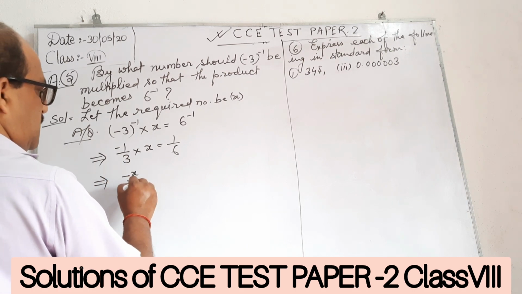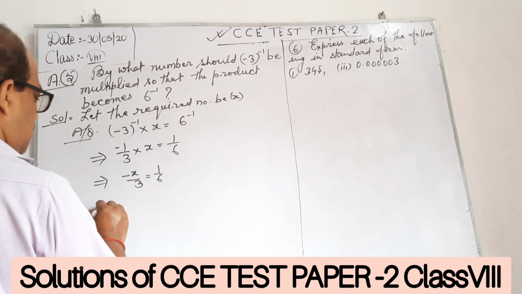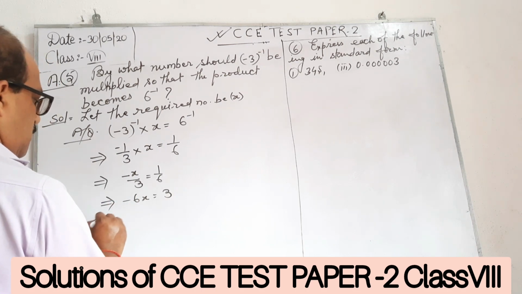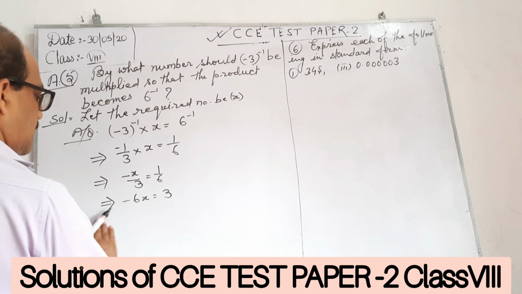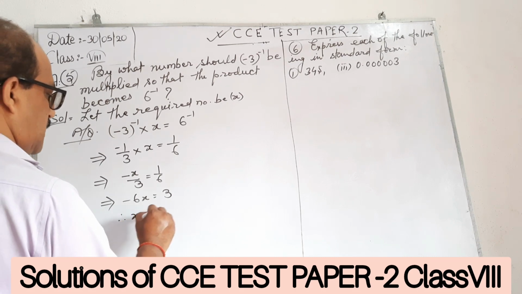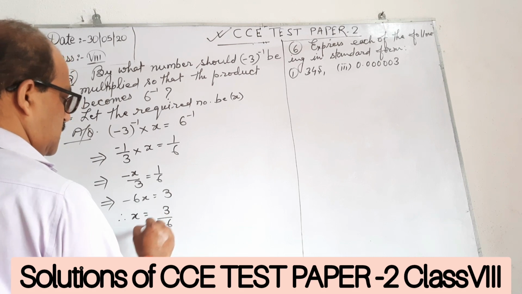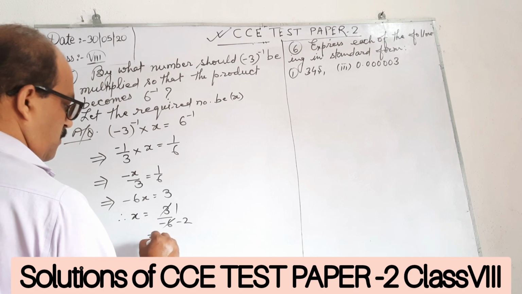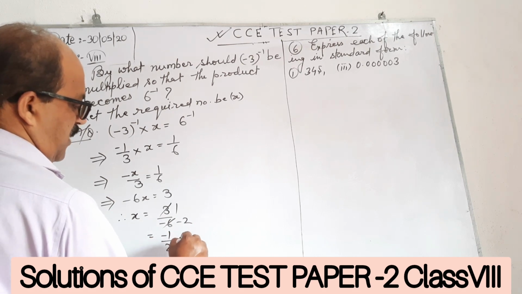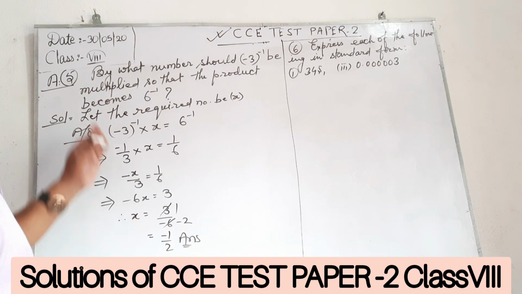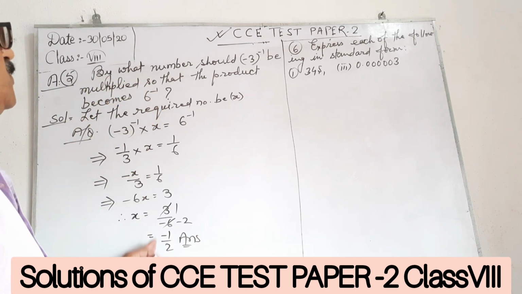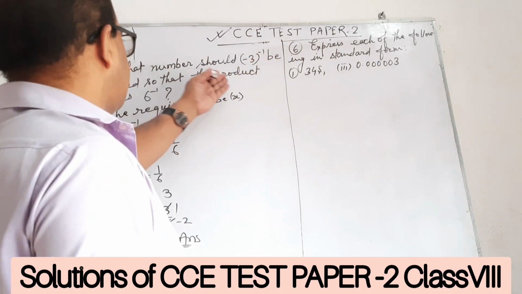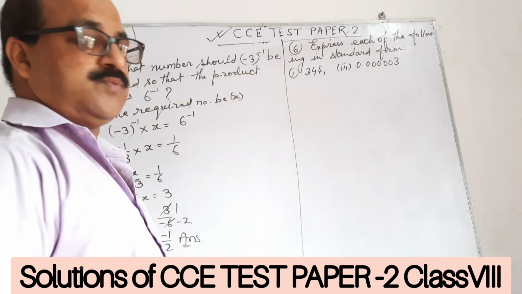Minus x by 3 is equal to 1 by 6. Minus 6x is equal to 3. So the value of x is equal to 3 by minus 6, that is minus 1 by 2. So minus 3 to the power minus 1 should be multiplied by minus 1 by 2 so that the product becomes 6 to the power minus 1.